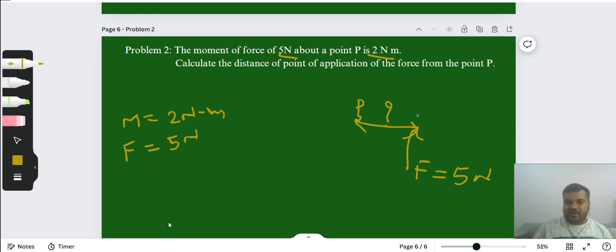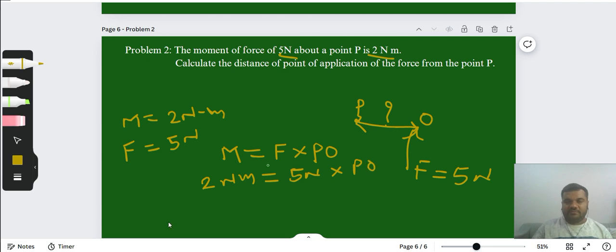I'll take this point as O. Apply the general formula for moment: M equals force multiplied by perpendicular distance, and the perpendicular distance is PO. Now write the moment, 2 Newton meter, equals the force, 5 Newton, into PO.